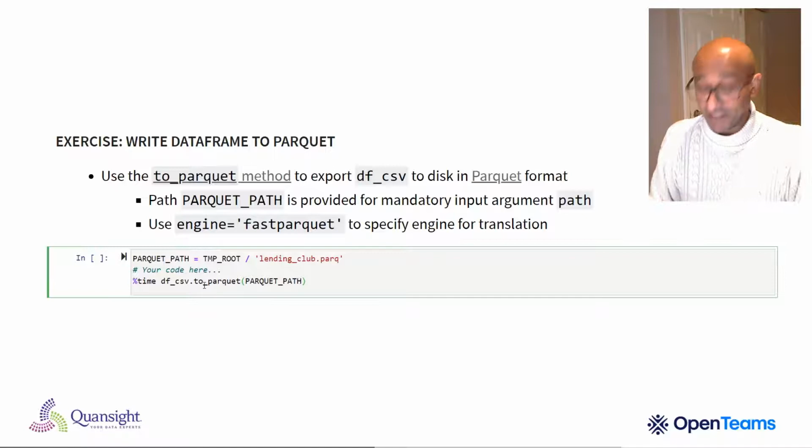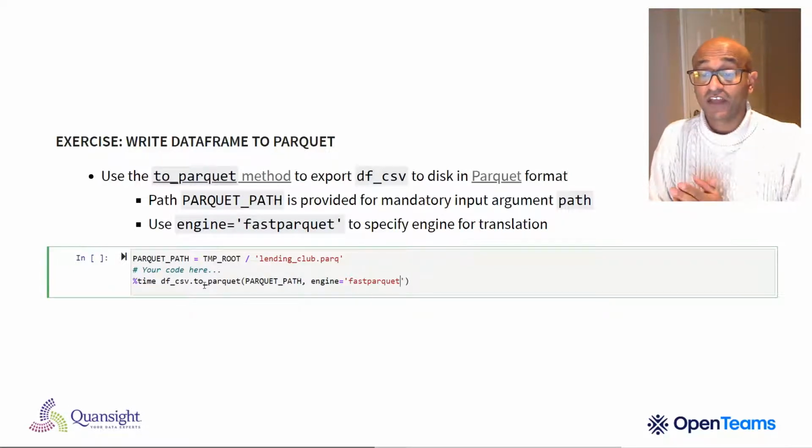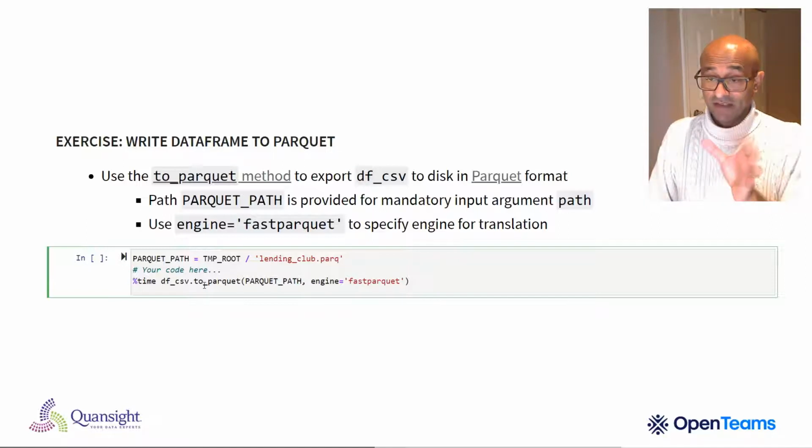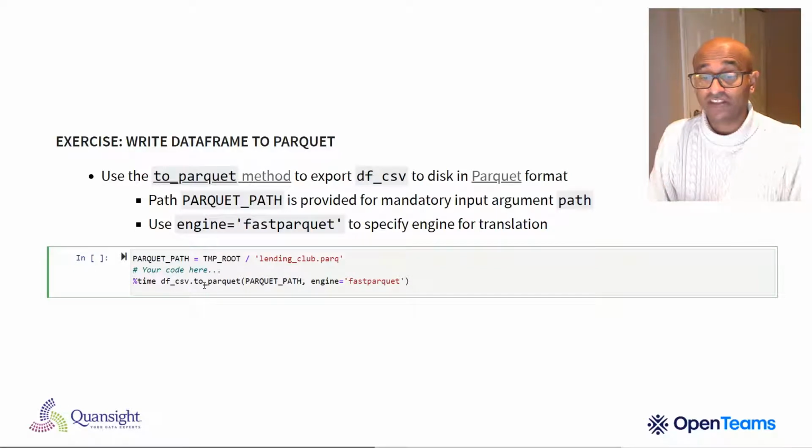Again, it's done in an operating system independent way and will point to what will end up being a folder called lending_club.parquet. We have to give a computation engine, and we'll use the fastparquet computation engine as a means of doing all the transformations from the CSV.